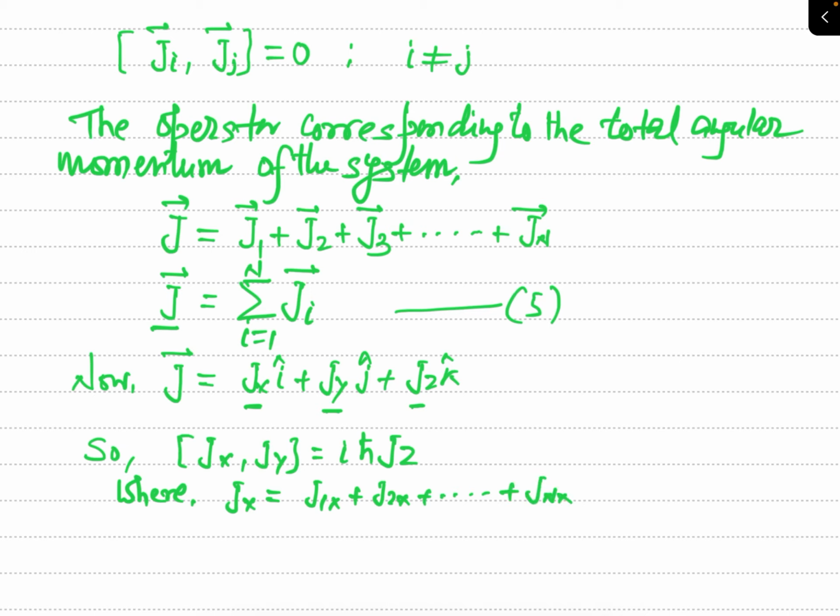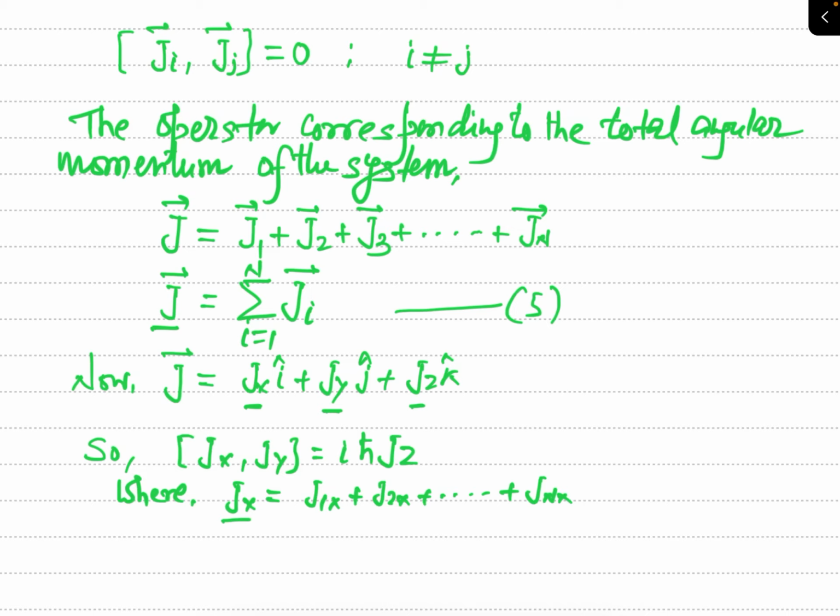It means if you want to find Jx, you have to add algebraically the operators corresponding to the x component of the angular momentum of each and every particle.